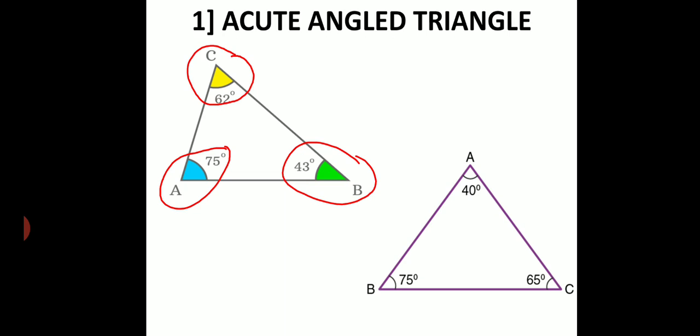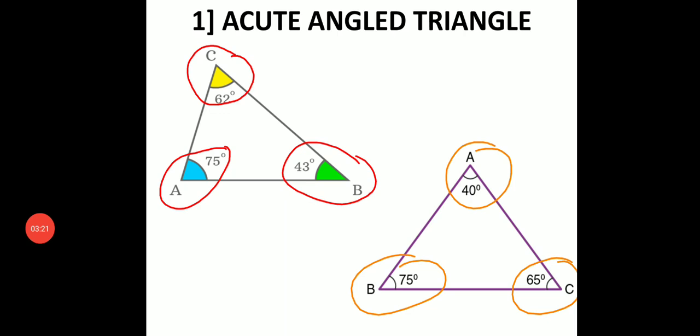And the measure of angle C is 65 degree, which is again less than 90 degree. So here again in this triangle ABC, we notice that all the three angles of a triangle measure less than 90 degree. So we will name this particular type of triangle as an acute angle triangle.